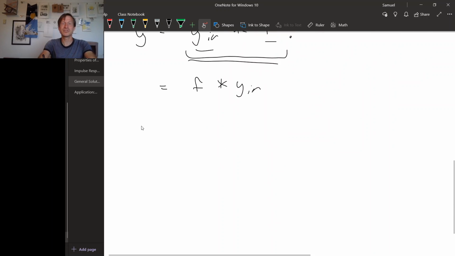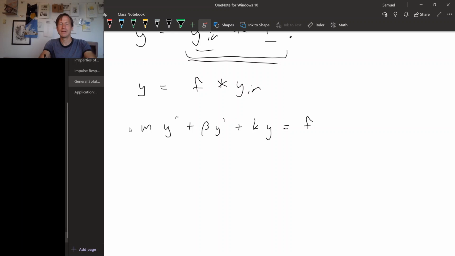Remember, the original differential equation was my double prime plus beta y prime plus ky equals f. It's really f of t, but I'm going to be lazy and just write f. So let's plug this into the differential equation and see that it actually is a solution.